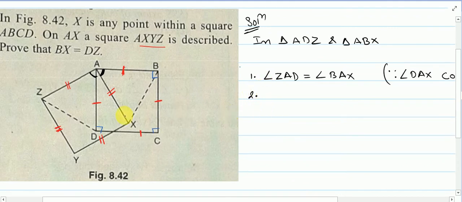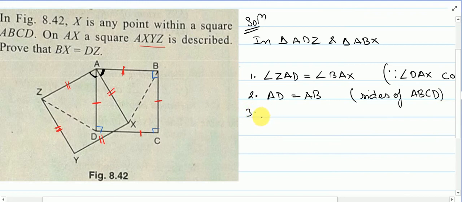Number 2, here you can see that AD is equal to AB, because AD and AB, these two are sides of the same square. So AD is equal to AB, sides of ABCD.